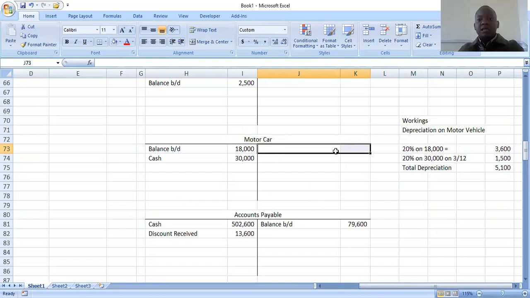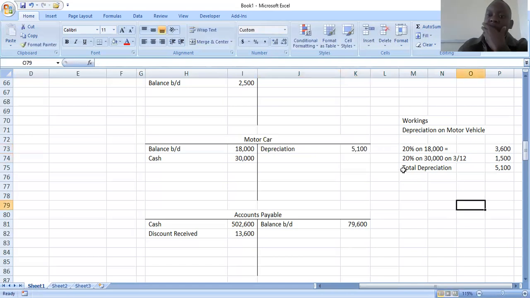In this case, let us credit the motor vehicle with the total depreciation, because the motor vehicle's value will decline by 5,100.